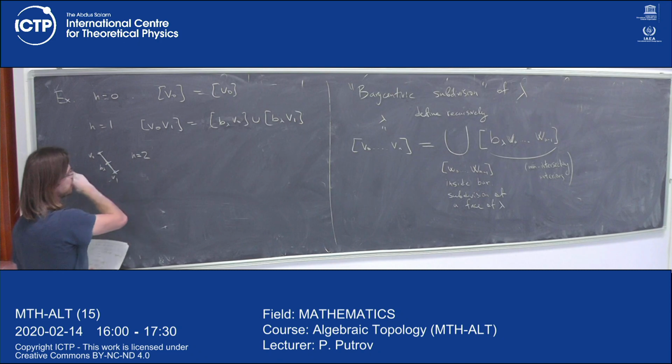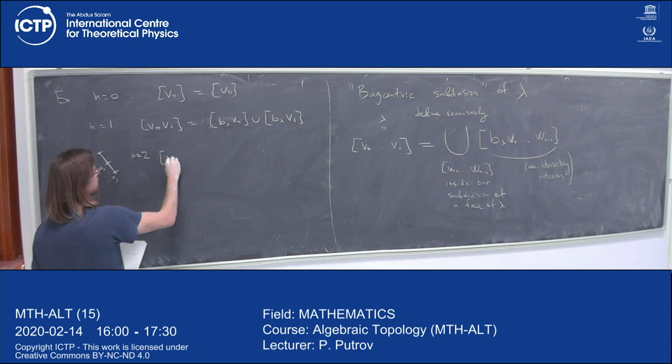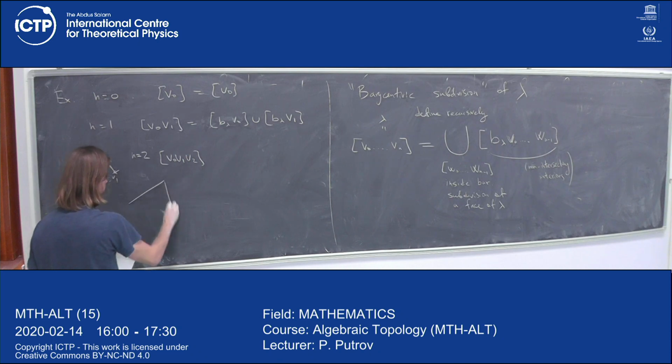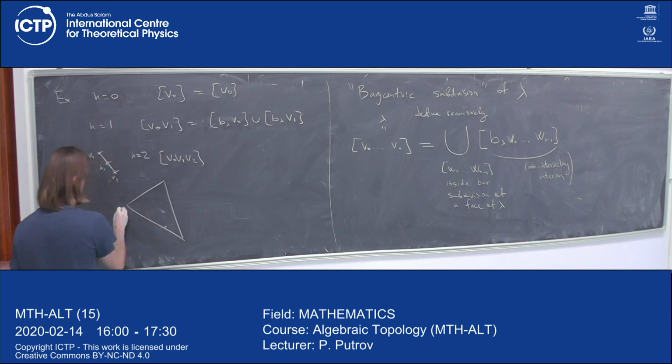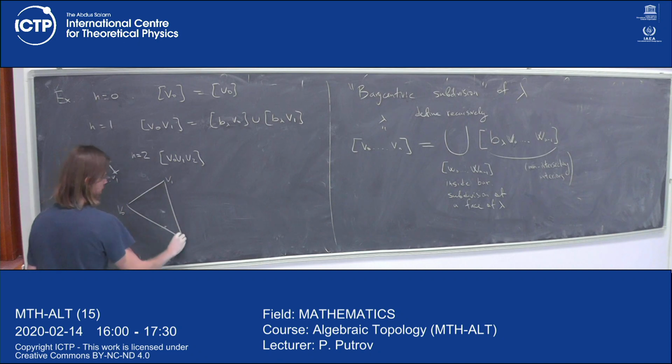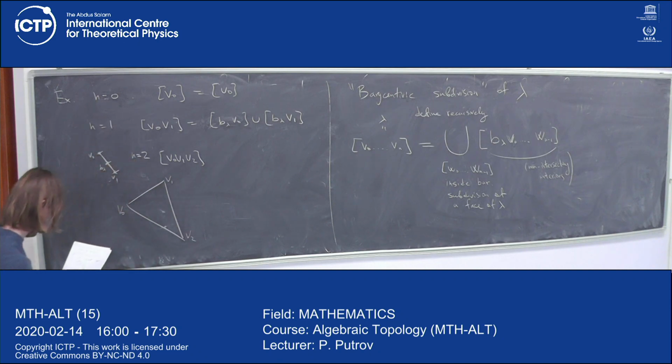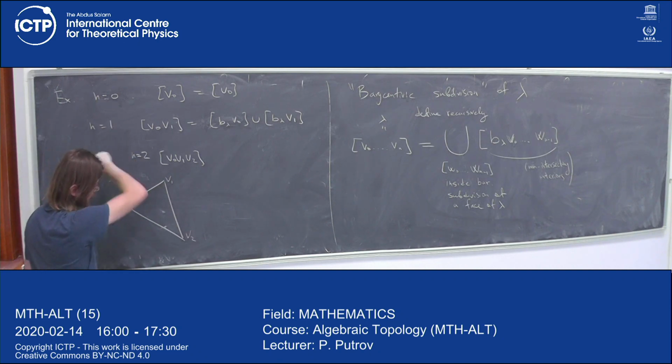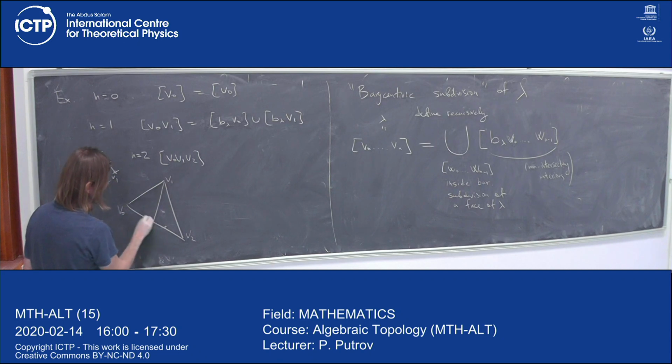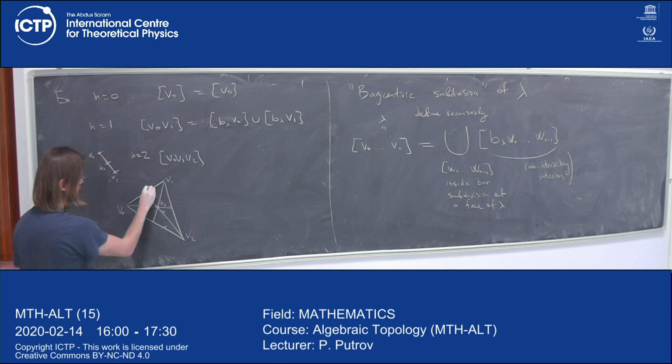Okay, so what happens when n equals 2? I should start now with some triangle. See my barycenter here.